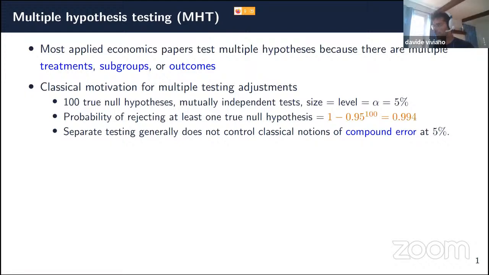Now, if this is the type of test that we conduct, the probability of rejecting at least one true null hypothesis will be approximately 1. That is, we're not going to be able to control notions of compound error across all possible tests at the target level of 5%. And so there is some intuition that if we want to control some notion of compound error, we need to do something to adjust for multiplicity.